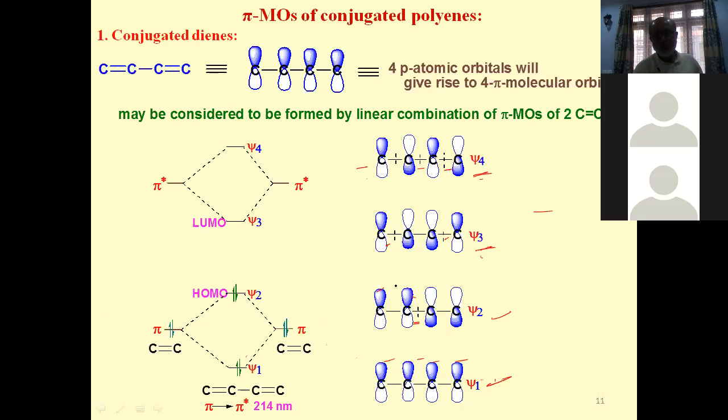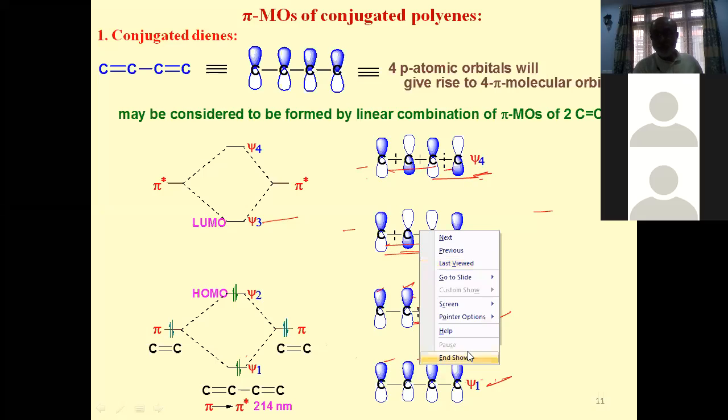So this was blue and blue, but from here this will become white, that means opposite phase. And here there is no node, so this one also has to be opposite phase. And psi 3 will have this. So in terms of wave function, this is how it will look in terms of orbitals.